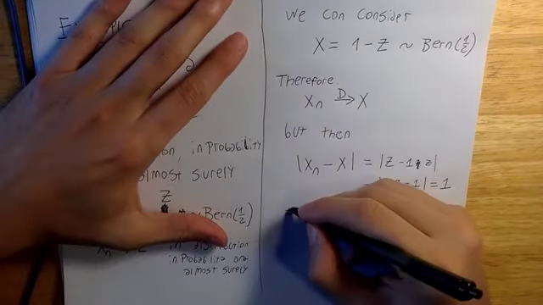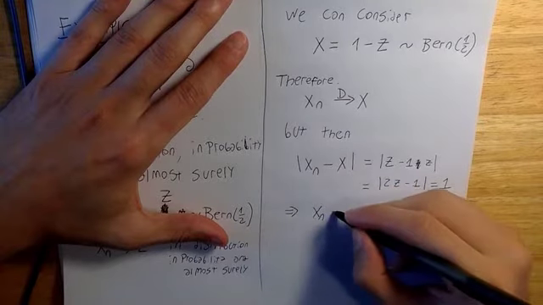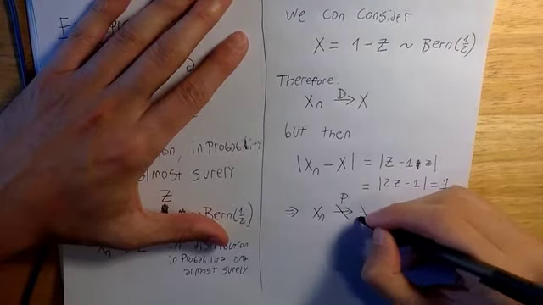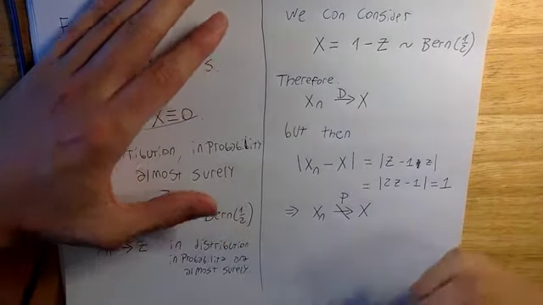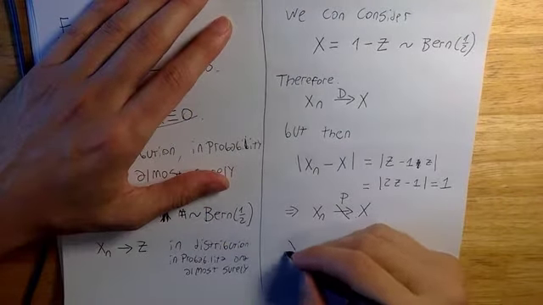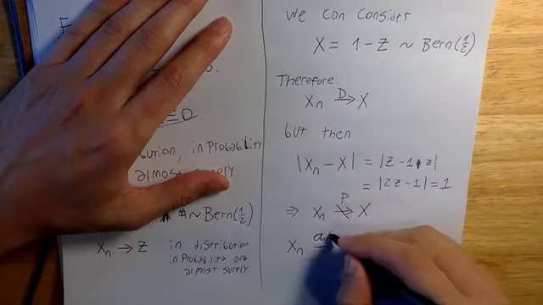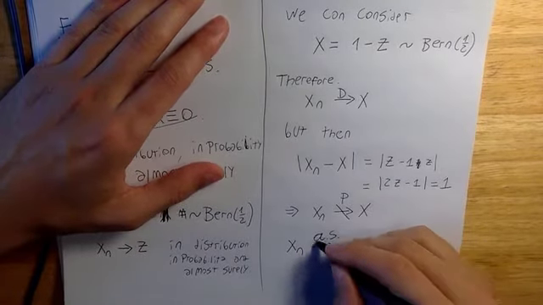Which implies that xn does not converge to x in probability. And clearly it also implies that xn does not converge almost surely to x.